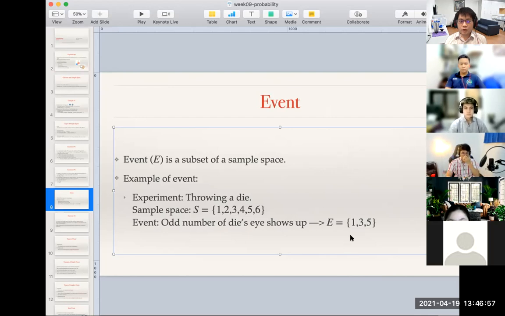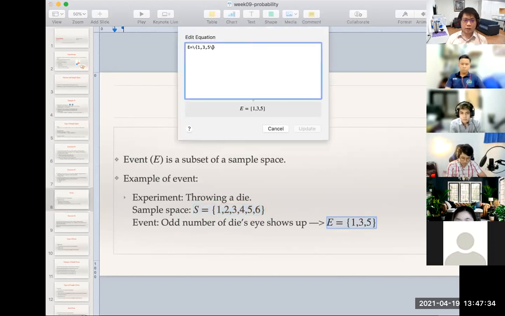Usually an event is symbolized using E. So here you know that an odd number of dice eyes shows up. Since E itself is a subset of a sample space, the values should come from this sample space. You already have the requirement, it should be an odd number. So from 1, 2, 3, 4, 5, 6, we have 1, 3, and 5. Those are the odd numbers. You cannot have, let's say, 13.